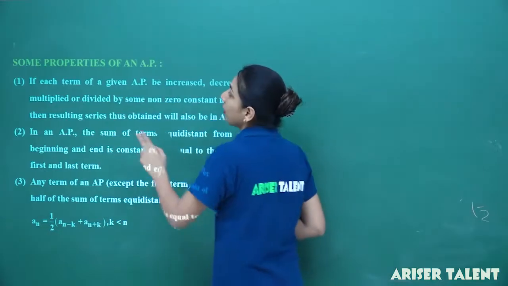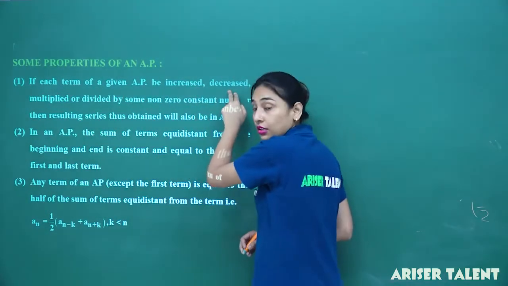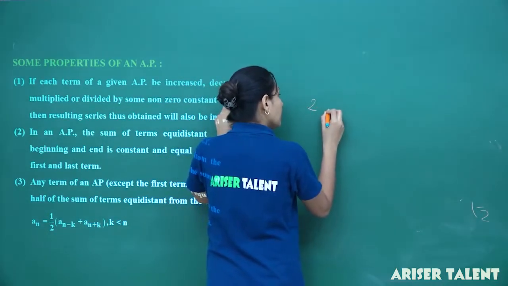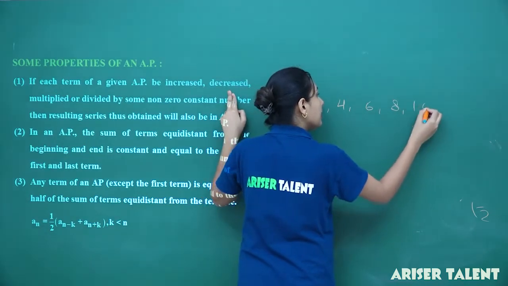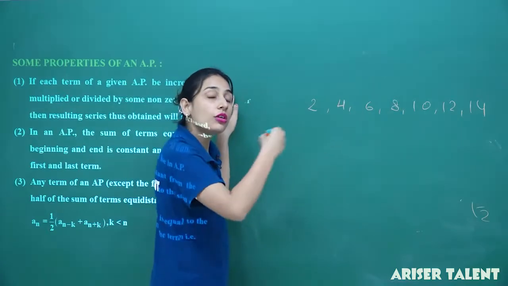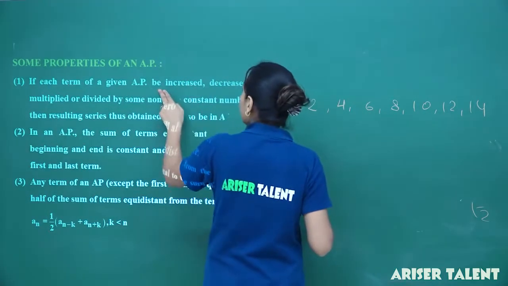So if each term of a given AP is increased, decreased, multiplied, or divided by some non-zero constant number, then the resulting series obtained will also be in AP. We will understand it by an example. You have given the AP 2, 4, 6, 8, 10, 12, 14.